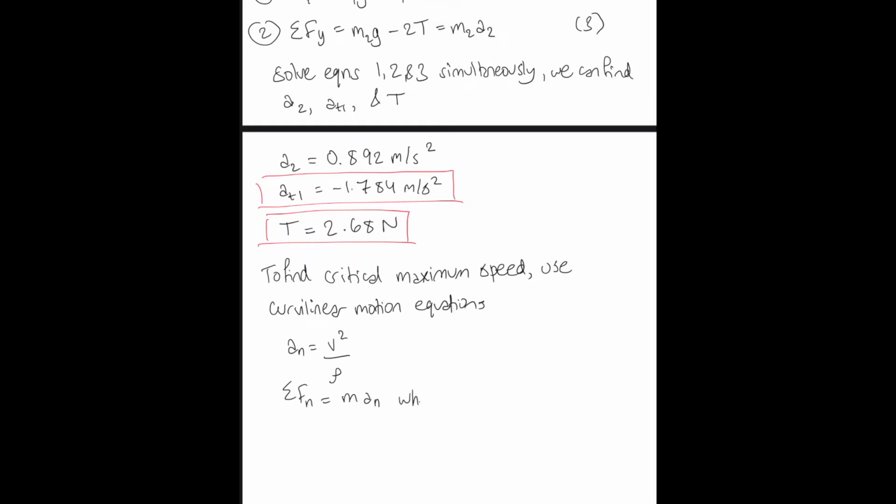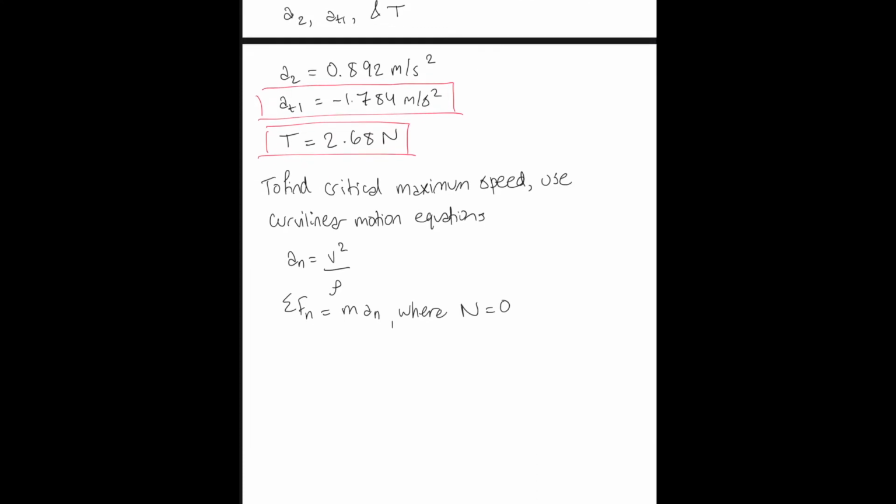So a_n is v squared over rho. The sum of forces in the normal direction is m a_n, where N is equal to 0, because this is where it starts losing contact with the ground.